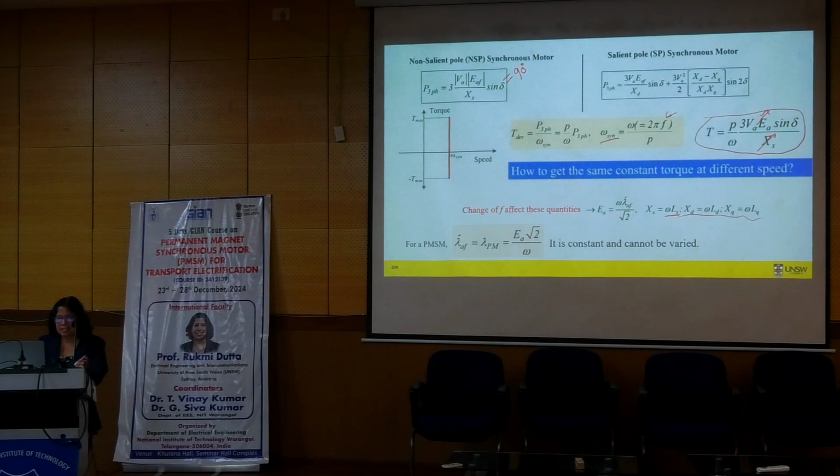And how to get maximum or the same maximum torque at any speed actually takes us to the concept of constant V by F, right? So those who have done drive courses, maybe you are familiar with it.